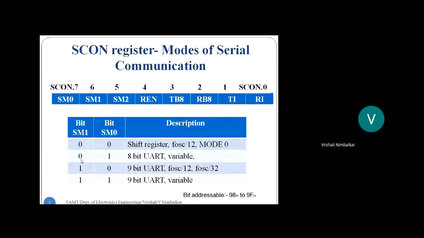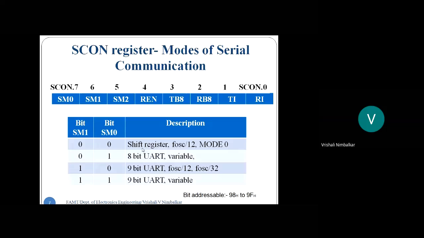Okay? Next, mode 1. 01 is mode 1. Now mode 1 is 8-bit universal asynchronous reception and transmission. And the frequency at which the transmission happens is variable. We can select the desired frequency, and that is what we call the baud rate.